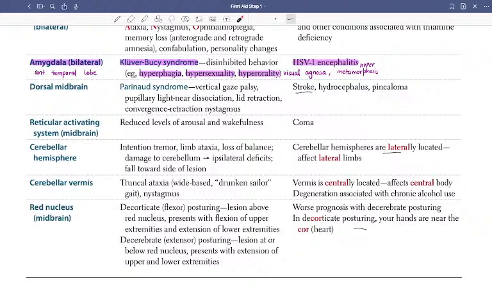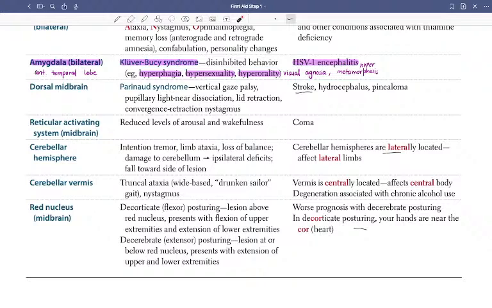Pinealoblastoma has peripheral calcification, and germinoma has central. Just remember, germ cells are centermost, and then they give rise to other cells. So there are two types, pineal germinoma and pinealoblastoma. Pineal germinoma is central calcification, and pinealoblastoma is peripheral calcification.